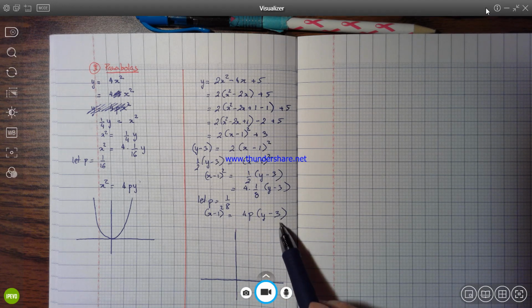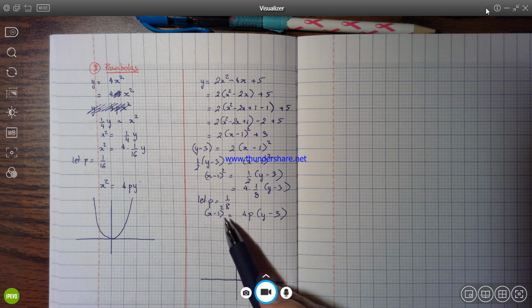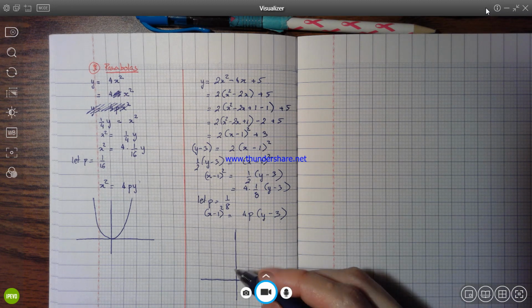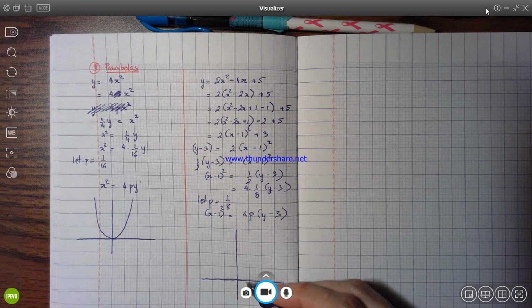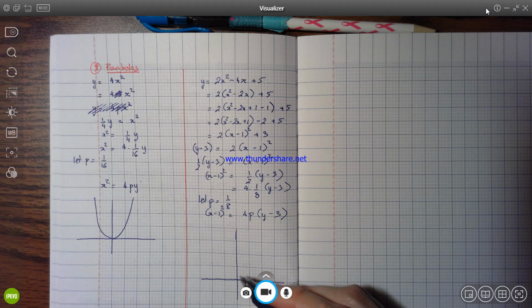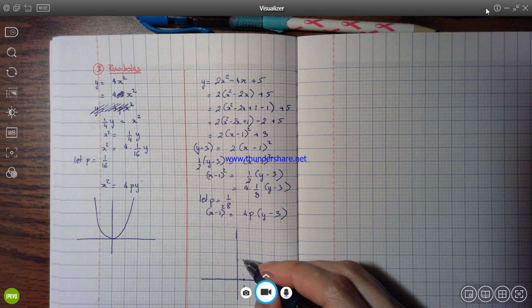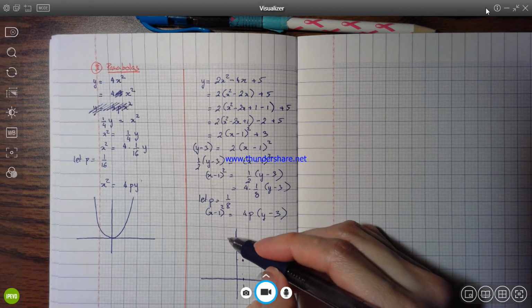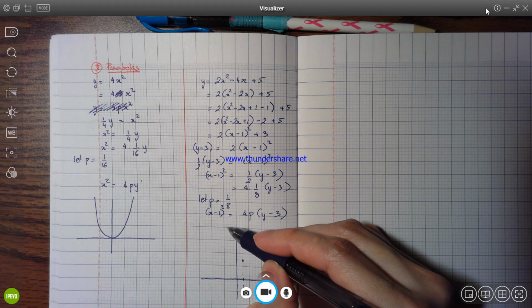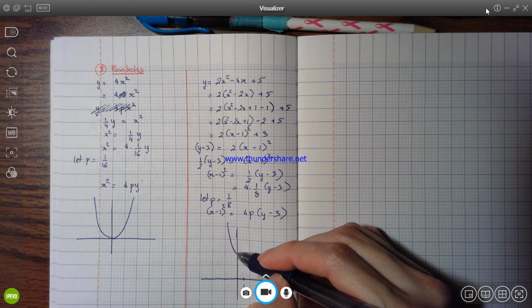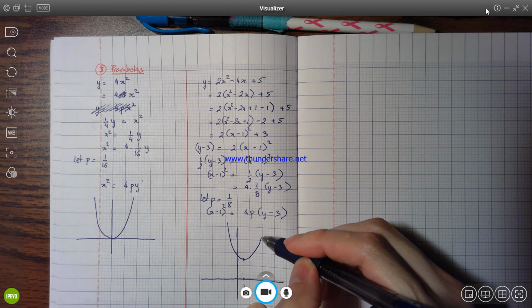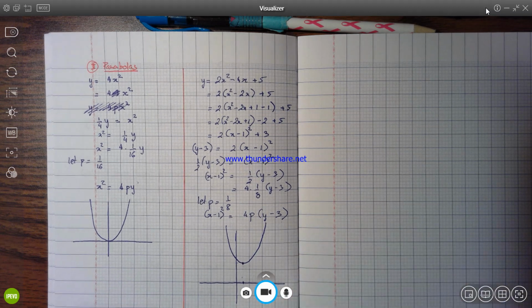The vertex will be 1 and 3. So I'm going to have 1 over here, 1, 2, 3 right here. So the vertex will be right here. So the parabola is going to be opening up like this.